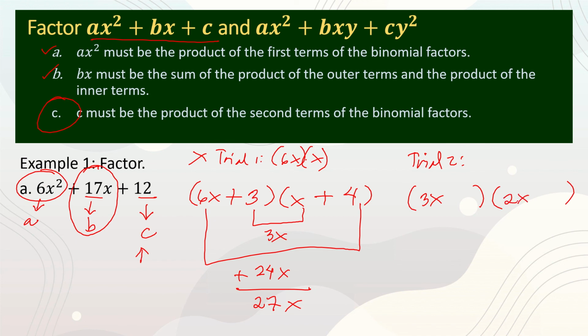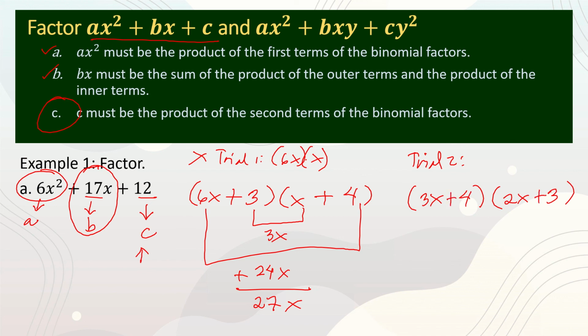Because 3x times 2x is 6x squared. Now, how about the C? The C is 12. So ikaw din bahala. In terms of positioning as well, it will matter. So let's say 4 times 3. Because 4 times 3 is 12. Siguro lagay natin si 4 dito, 3 naman dito.